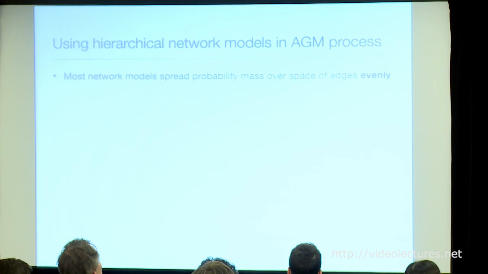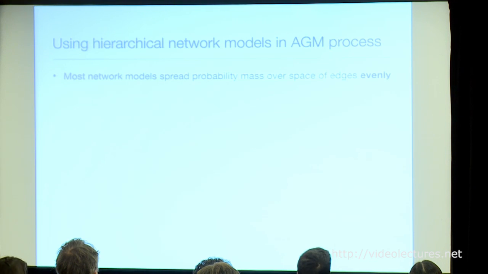Because of the structure of hierarchical network models, which also applies to the Kronecker models as well as MKPGMs, they specifically have started to use hierarchies in these models of generating the networks in order to produce more complicated structures that match what we see in the real world.